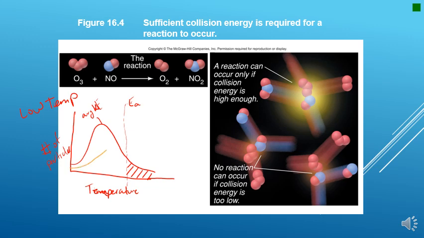It's going to be a little bit more of a gentle slope, and then it will still come down to the bottom. The amount of particles hasn't changed, so the area under the curve stays the same. But I now have a larger percentage of my molecules that have met the sufficient energy requirement for a chemical reaction to take place.